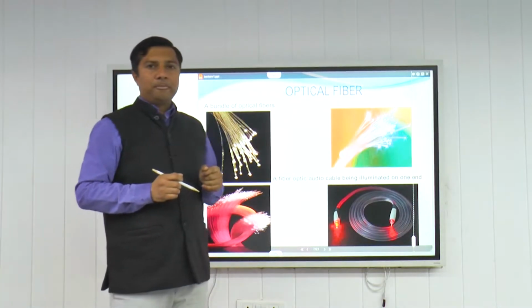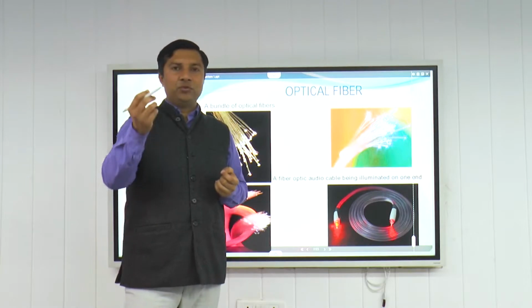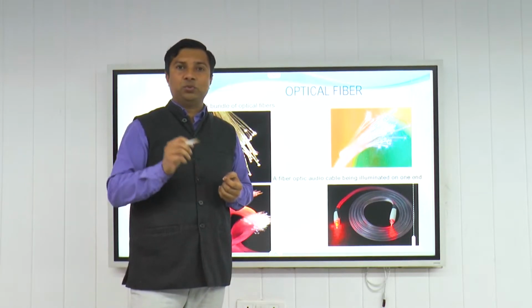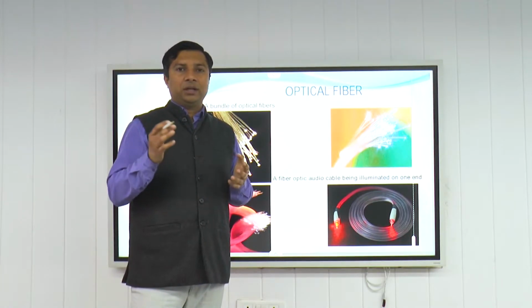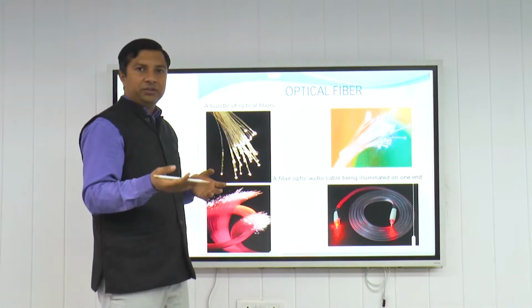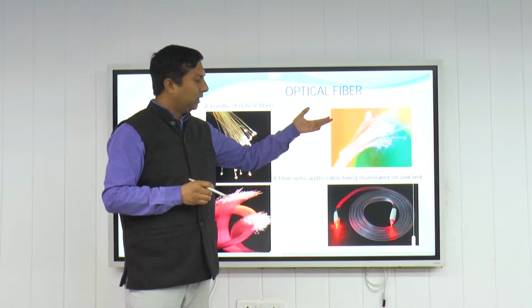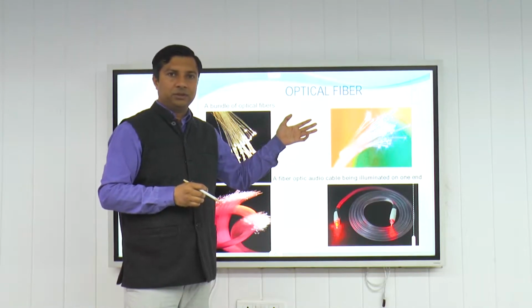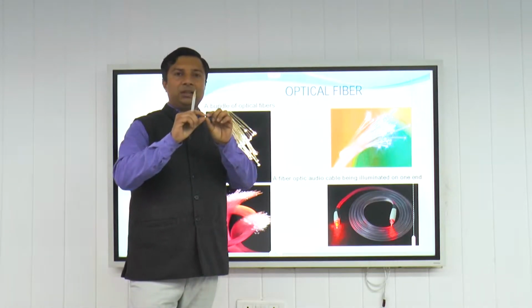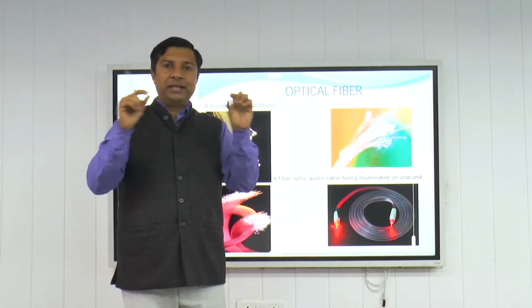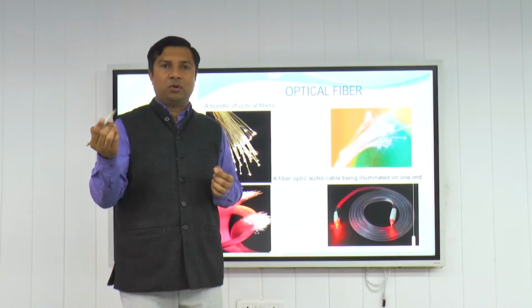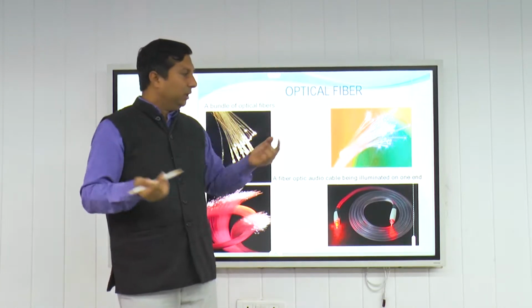Now, what is this optical fiber? Have you seen it before? Yes, you have seen it. In different trade fairs, you can see many wires that are based upon optical fibers. That is basically a thread kind of thing, a cylinder, either of silica or of plastic.